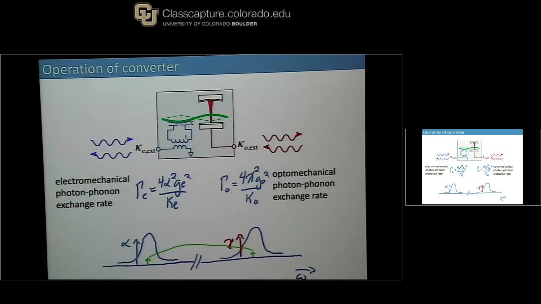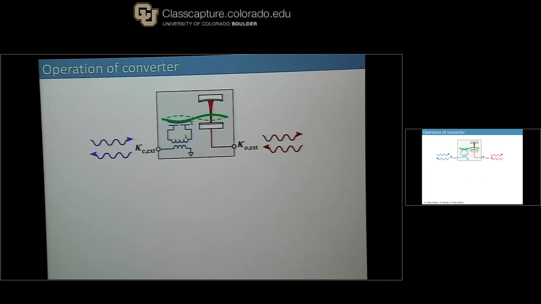Okay, so that's sort of how the system will work, and if we go through all of these equations that I talked about earlier, what we would find is these scattering parameters.